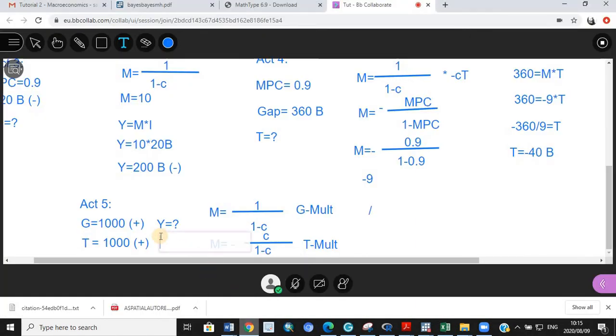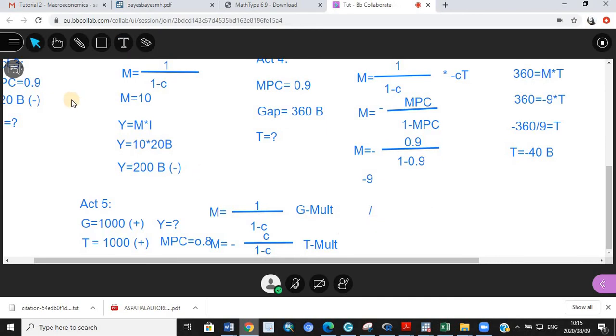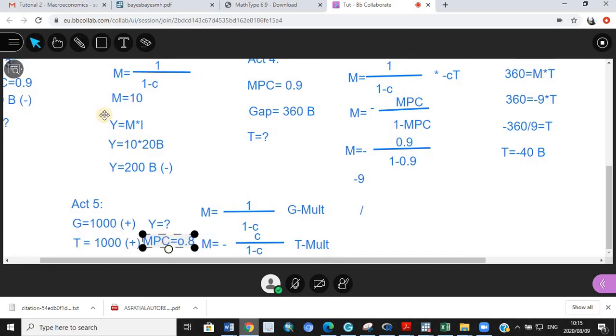I can just include here MPC equals 0.8. So here we have MPC equals 0.8. We'll just do this to make sure that everyone sees this.